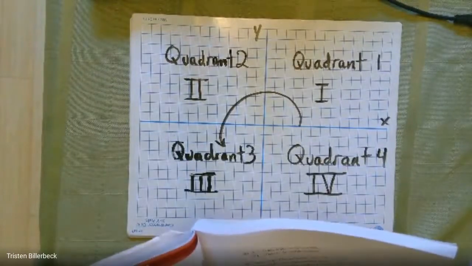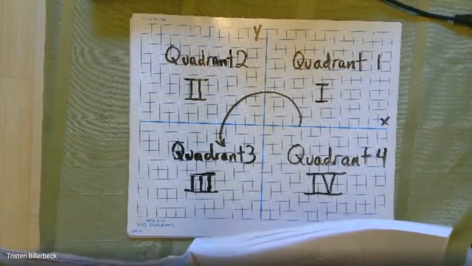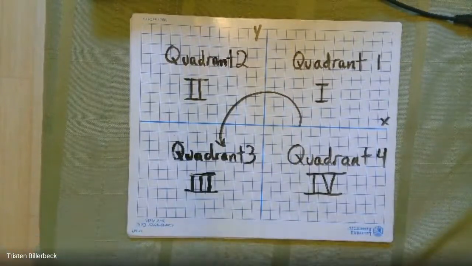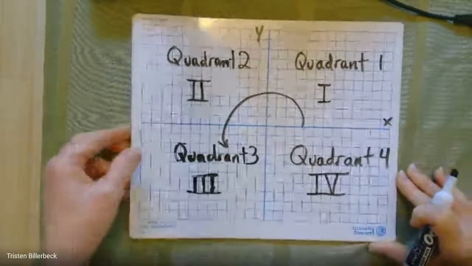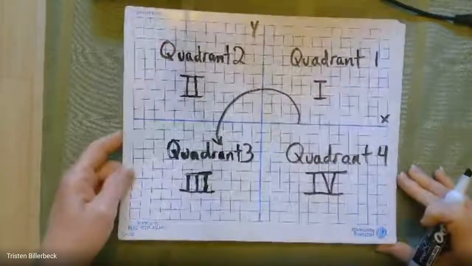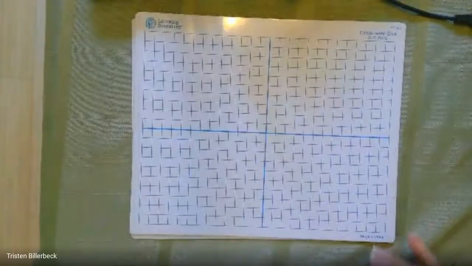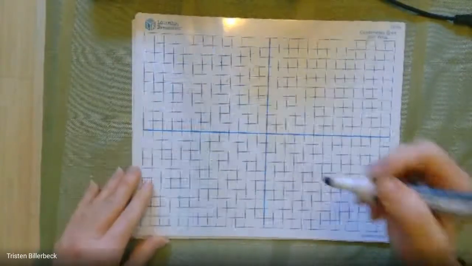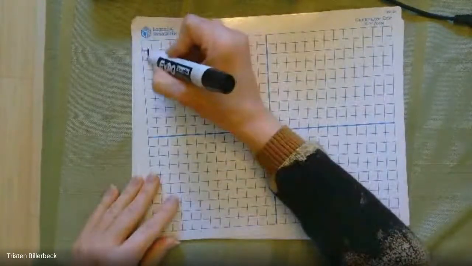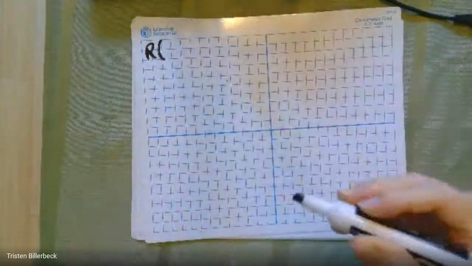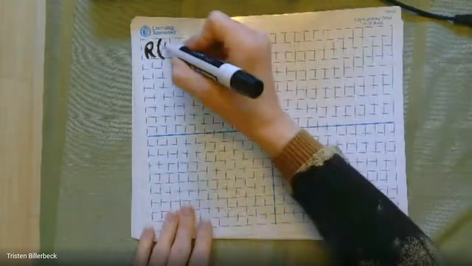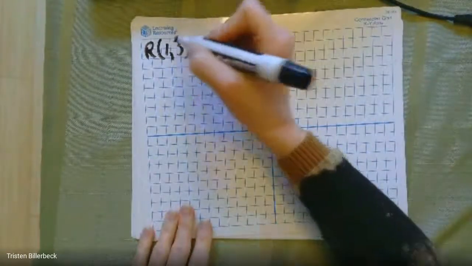All right, so let's look at a few coordinates and try to plot them. Let's say we have R, and R is at 1, 3.